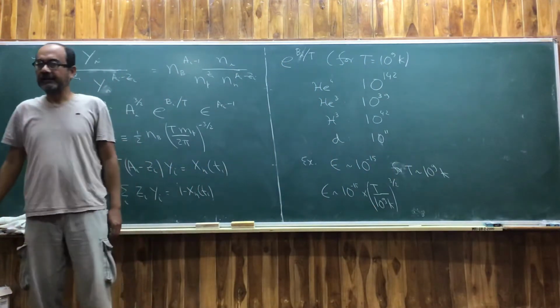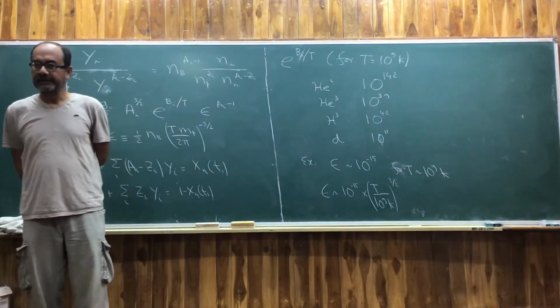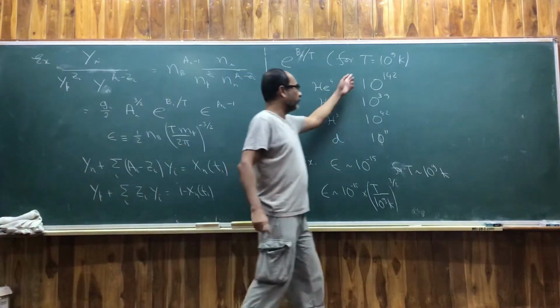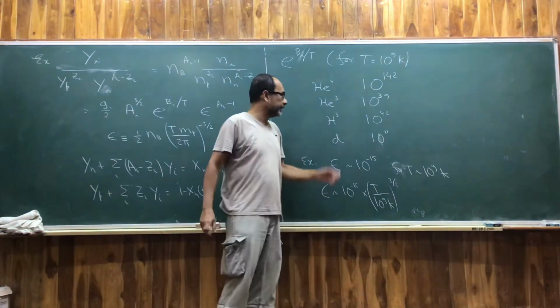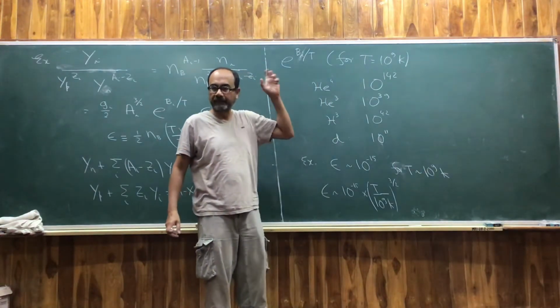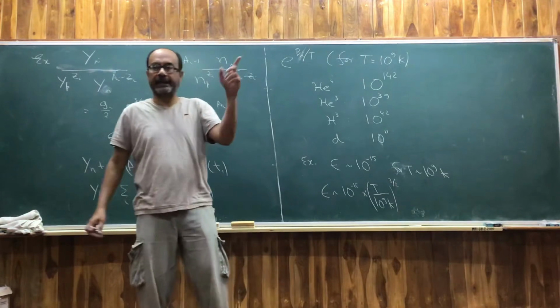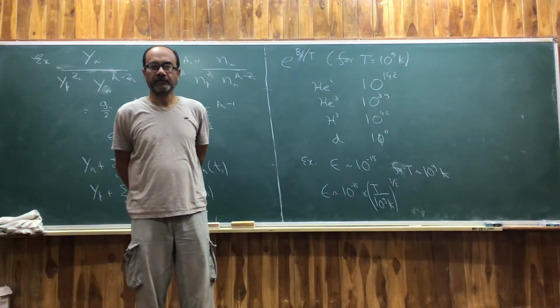If it's 28 MeV, 28 over 0.1 is a factor of 280. That's responsible for this big number over here. And the fact that these are smaller is simply a reflection of the fact that their binding energies are not as big as helium 4. So helium 4 is the most stable nuclei in that range. Is this clear?